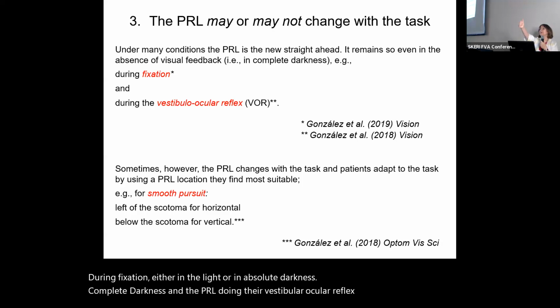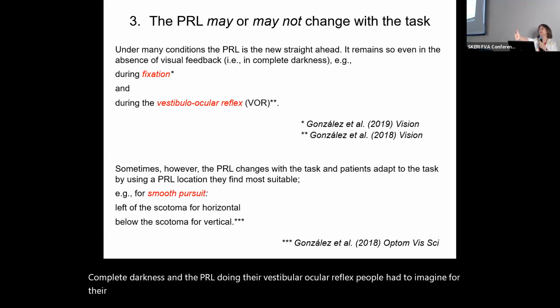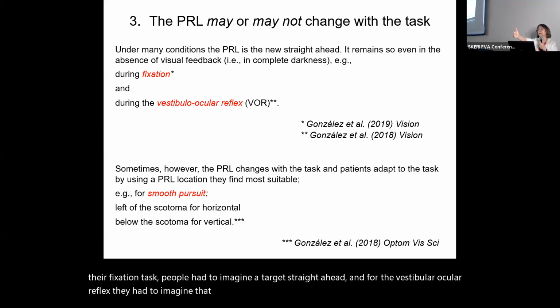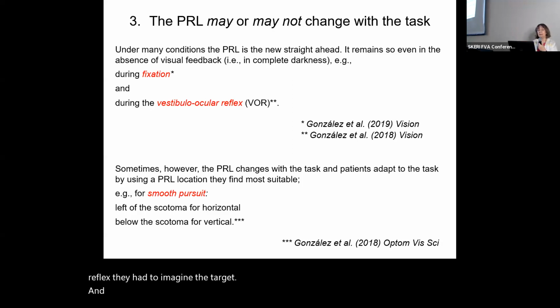For the fixation task, people had to imagine a target straight ahead. And for the vestibular ocular reflex, they had to imagine the target and move the head. However, in another study, we showed that the PRL changes with the task.